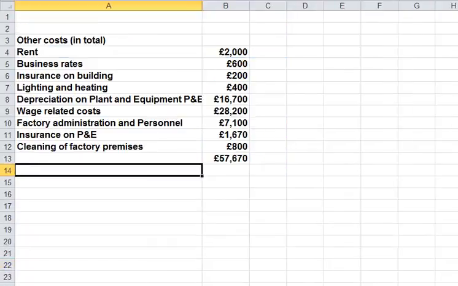There are other costs that should be taken into account as well, for example, rent, business rates, insurance on buildings, lighting and heating, depreciation on plant and equipment. There are all sorts of costs that need to be apportioned to see which department should have to pay for these and what proportion of the cost should be borne by different departments.